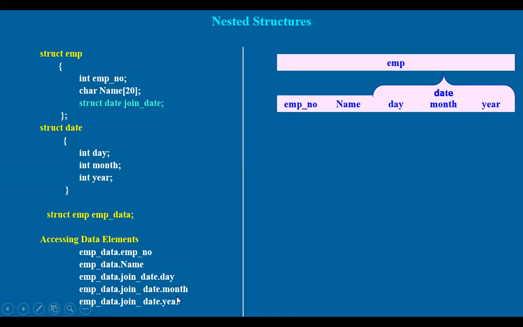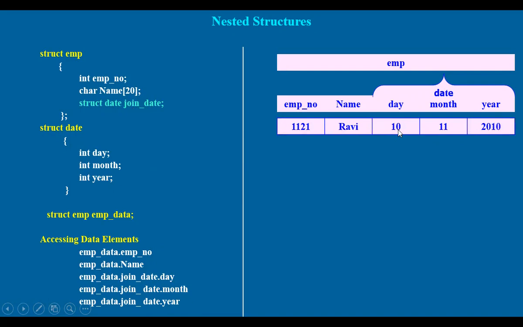Similarly, dot year. So to access the inner structures, we have to use the inside variable name also. Here two dots will be coming: the outer variable and the inside variable, and finally the field. With these three, we access the data. So this is the way of accessing the data.